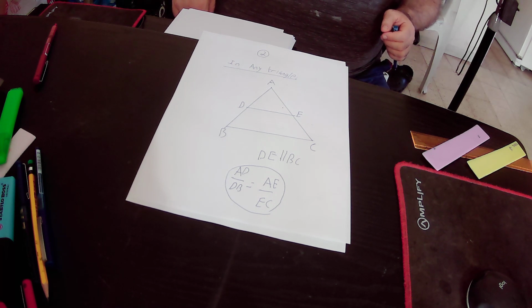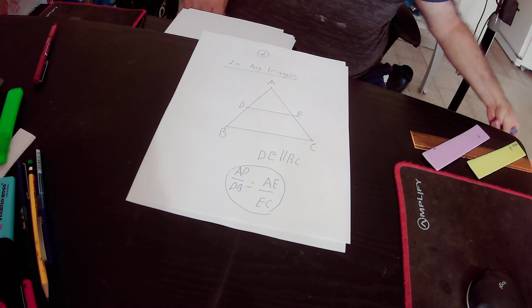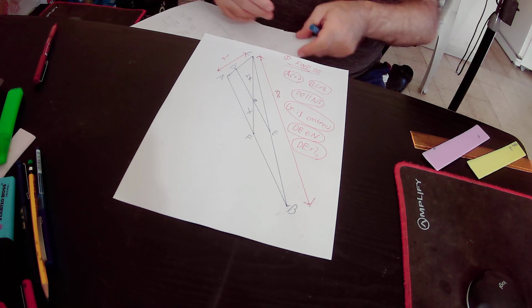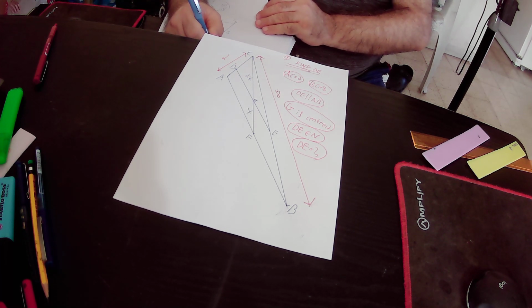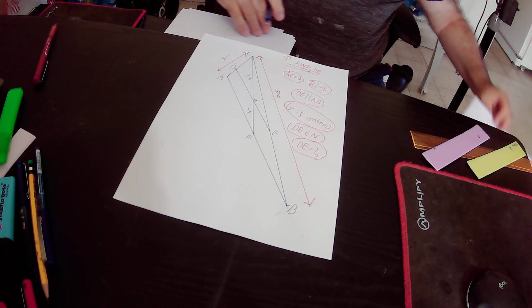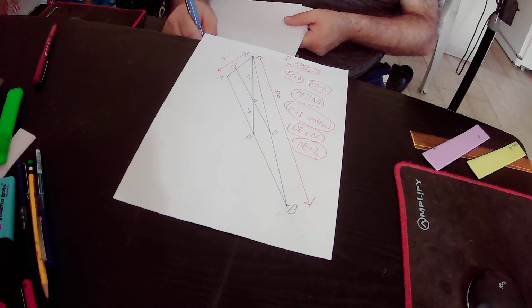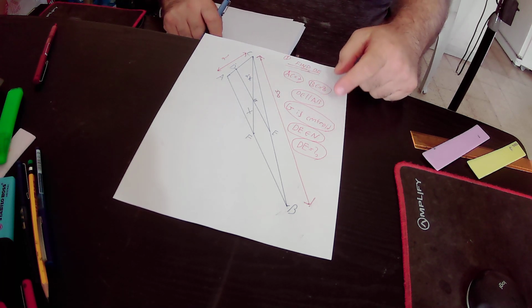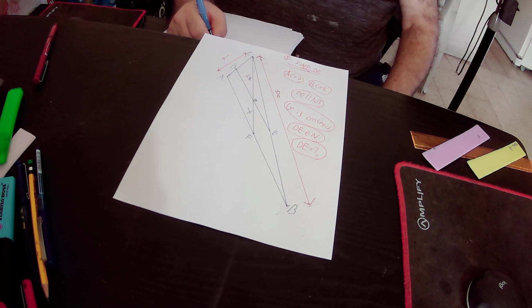And we can implement the second rule in our drawing, because we know that DE is parallel to AB, according to what is given in the question.